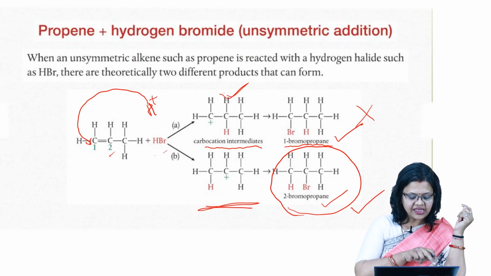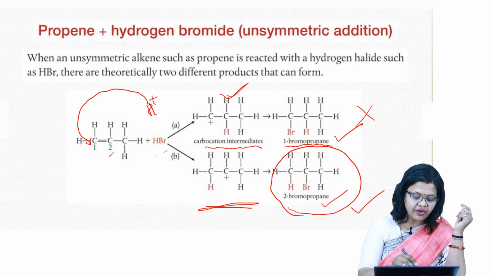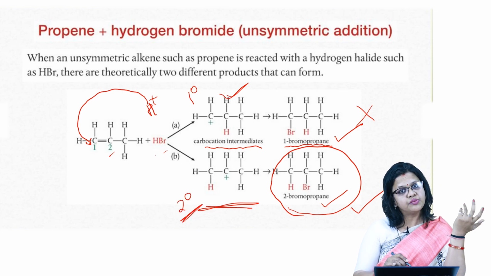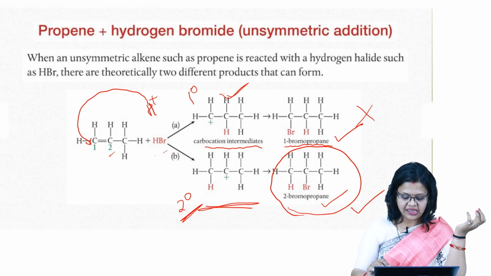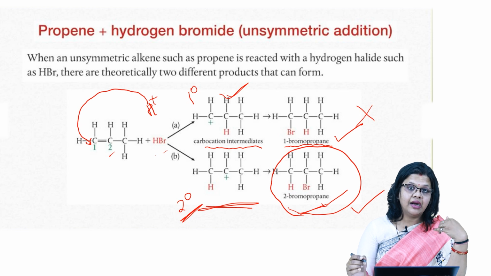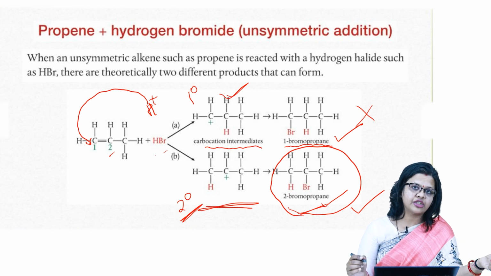Whereas if the attack had taken place on the second carbon, the resulting carbocation would be primary, and as we have seen, secondary carbocation is more stable. Therefore 2-bromopropane is the only product formed by the electrophilic addition in case of propene.